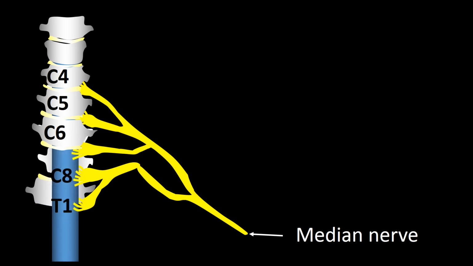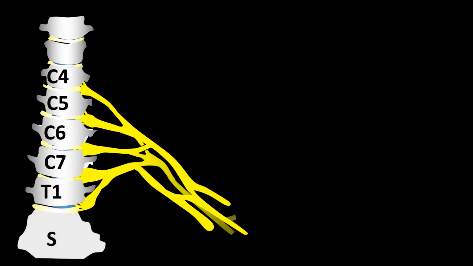Median nerve somatosensory evoked potential also tests the spinal nerves and rootlets that lead to the brachial plexus. It also evaluates the spinal cord from T1 and above. I have now reintroduced the whole brachial plexus so you can see the relation between the ulnar nerve and the brachial plexus.